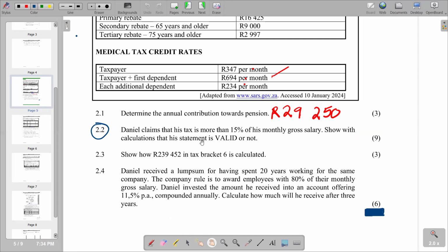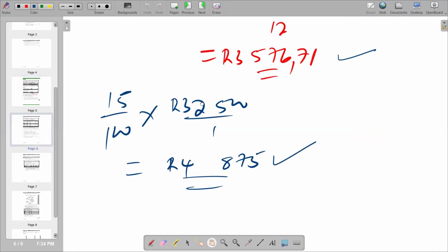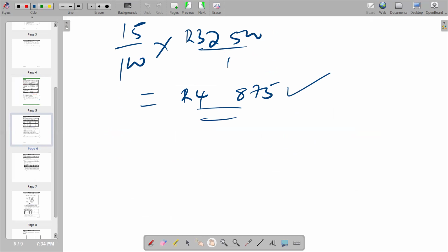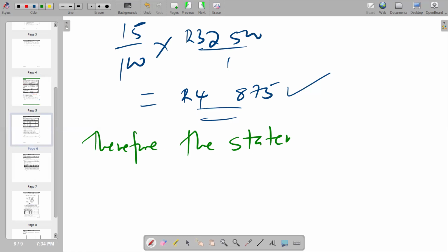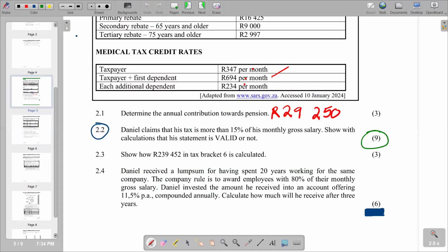So basically it's not valid. So we come here and we say, therefore, the statement is not valid. I'll go back to the question and see the number of marks, and we see that we've got 9 marks. So basically, this is what we've had.